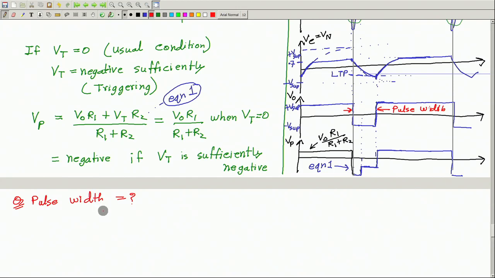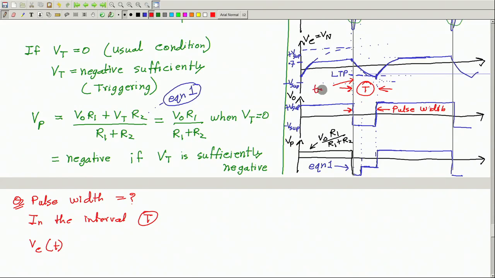Now, what is the expression of Vc, the capacitor voltage here? Call this time interval t. In the interval t, we can write Vc as a function of t, starting from this as my t0.